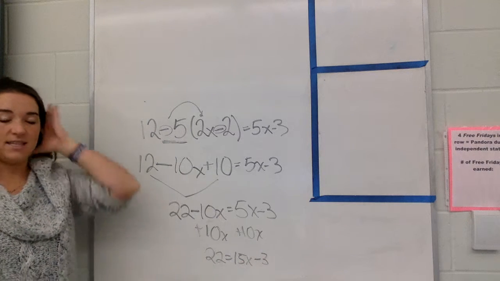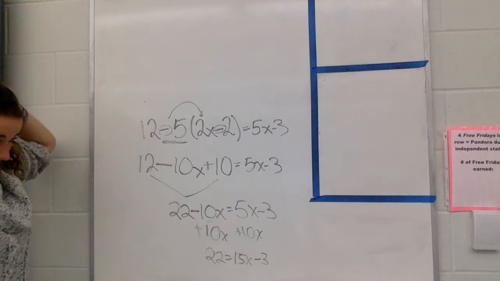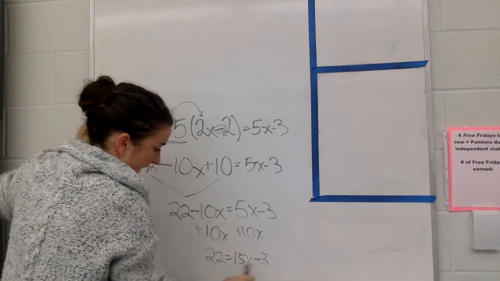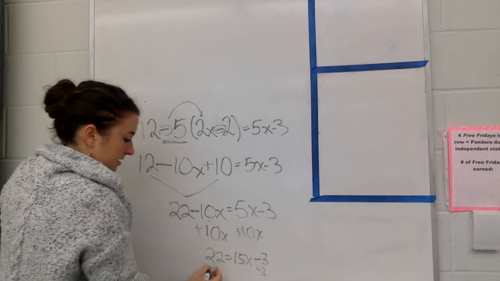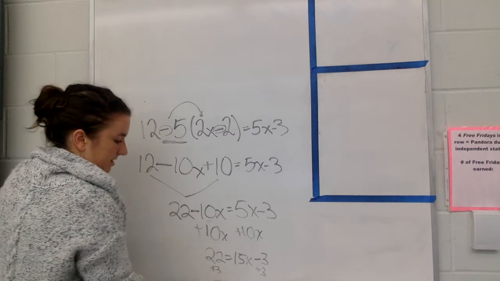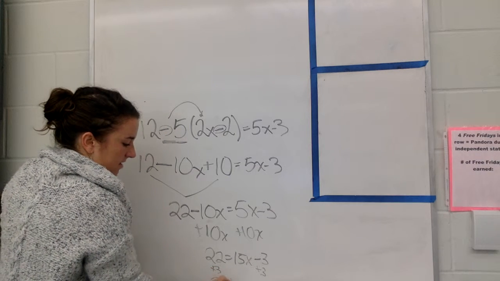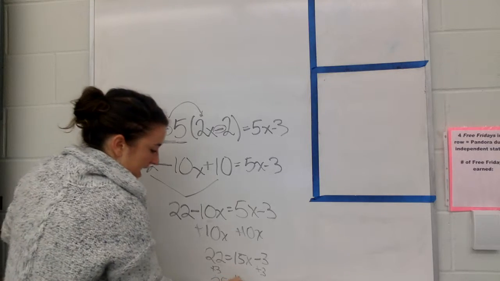I'm continuing trying to get the x by itself, so I need to get rid of that -3. I'll add 3 to both sides, and I'll end up with 25 equals 15x.